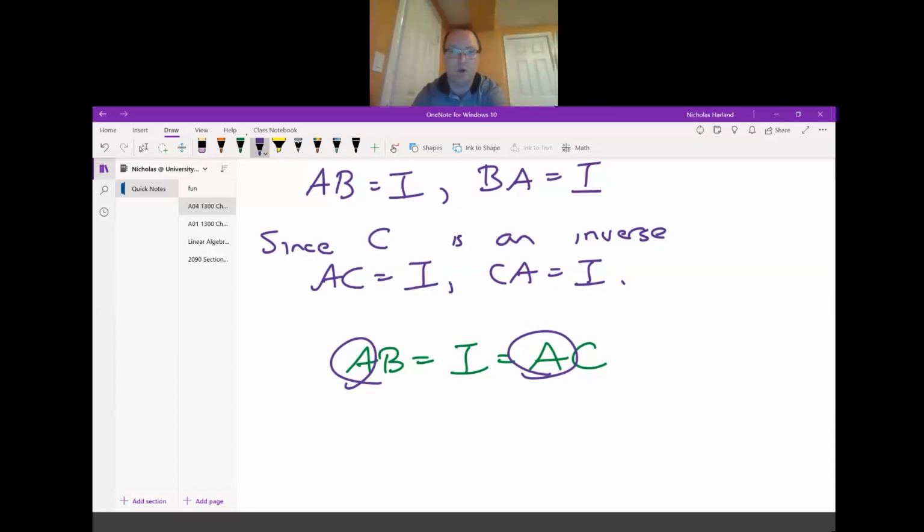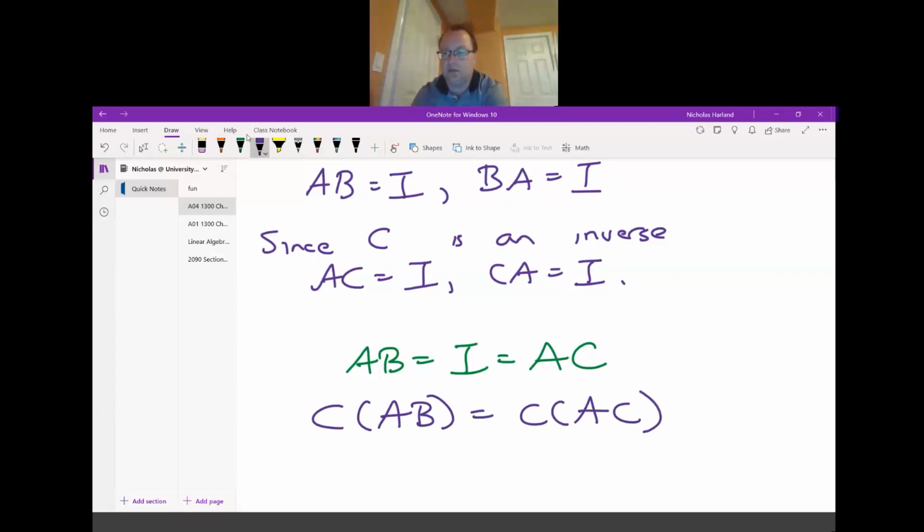Some people are saying multiply by the inverse, so what are our potential inverses here? Yeah, exactly. So we could multiply by C on both sides. Again, being very careful, we're multiplying on the left, and there's nothing special about C here.